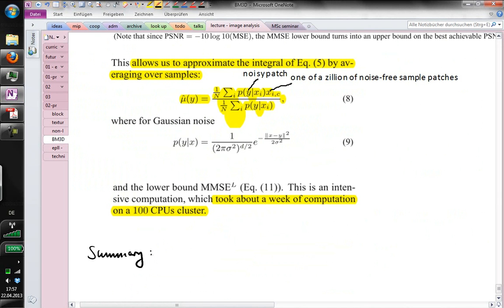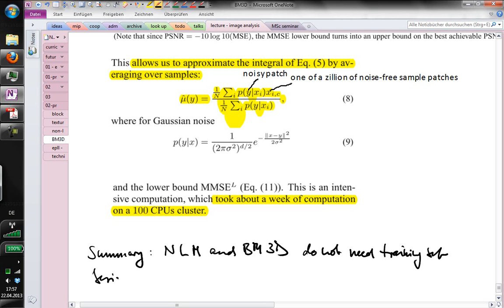A super short summary: the last two methods I discussed, non-local means and BM3D, do not need a training set besides the image to be denoised.